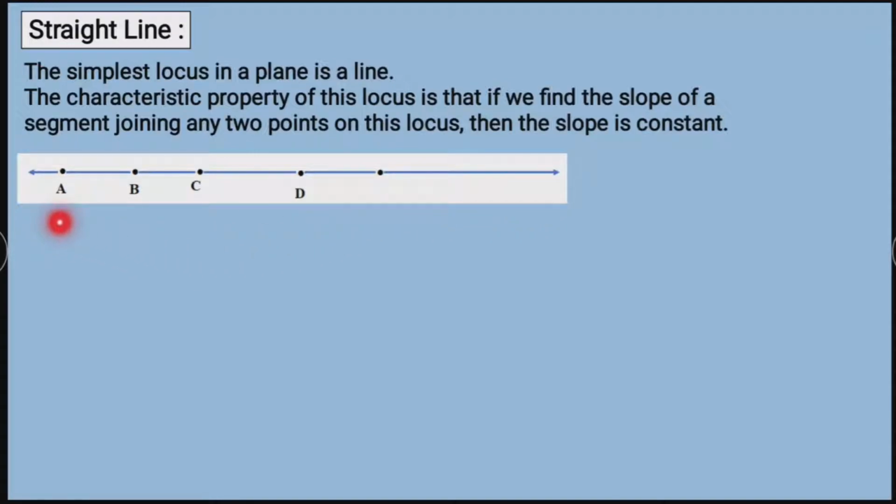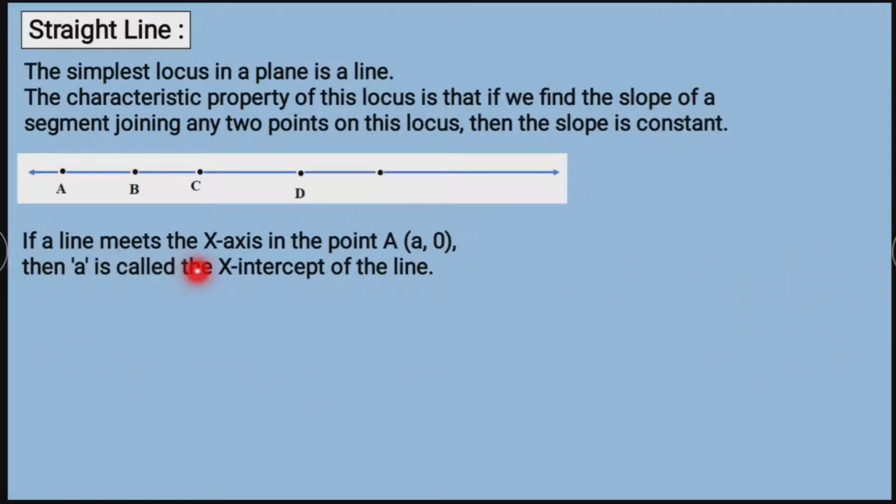When we calculate slope of AB, slope of AC, slope of BD, then slope of the segment joining any two points on this line, we get slope as a constant. That means slope of AB, slope of BC is same.